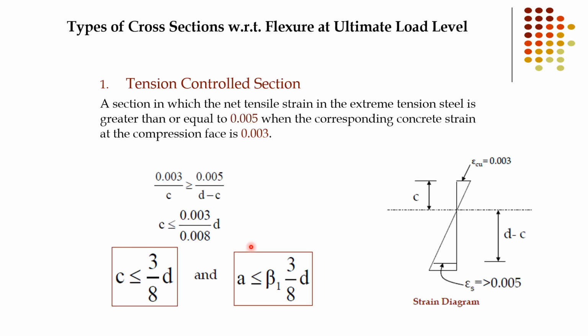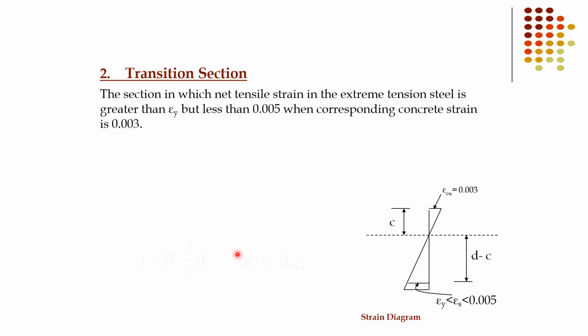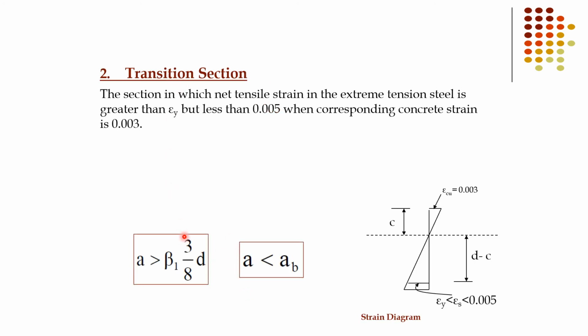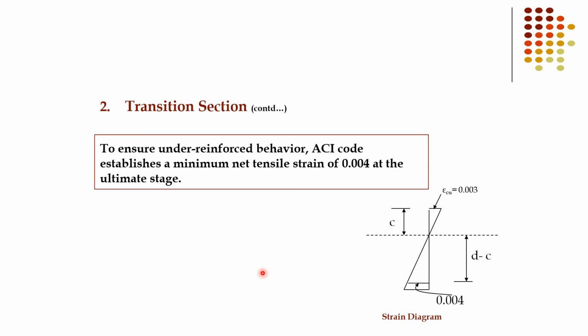For example, in tension control, if your equivalent stress block depth is less than this value, then you have a tension control section. If your A is greater than this but less than A balance, then you will have a transition section.